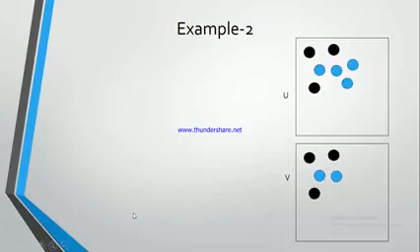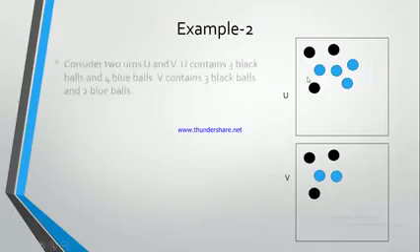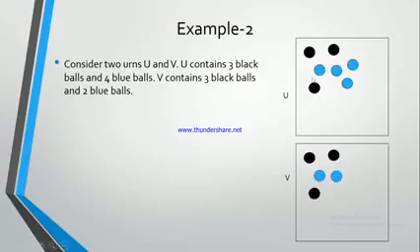Another example, consider now two urns, U and V. U contains 3 black balls and 4 blue balls, and V contains 3 black balls and 2 blue balls.